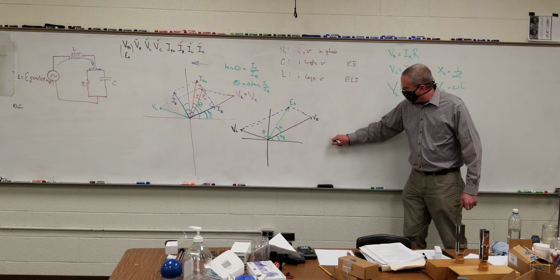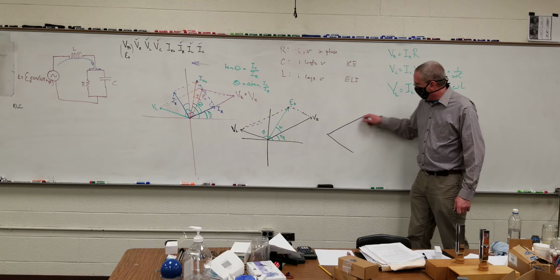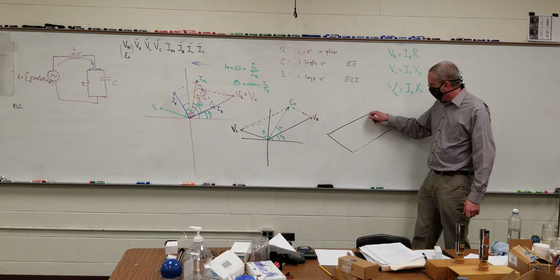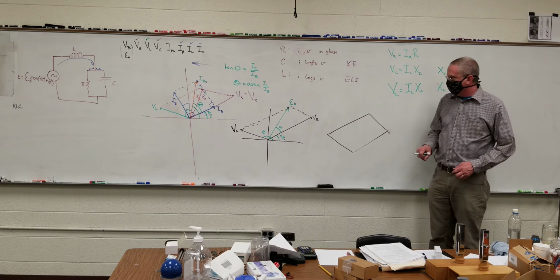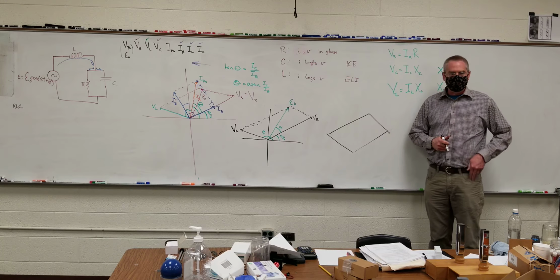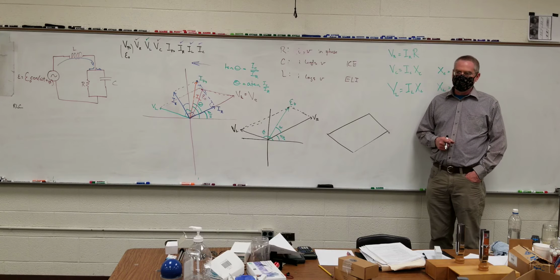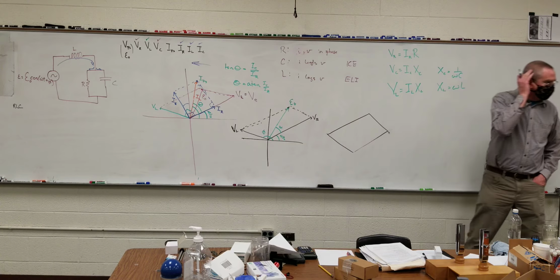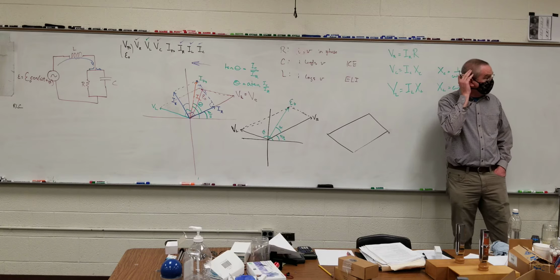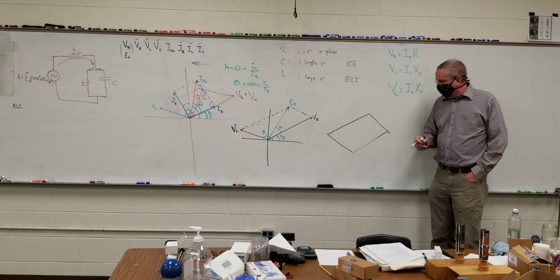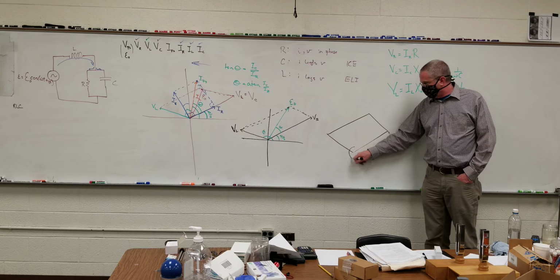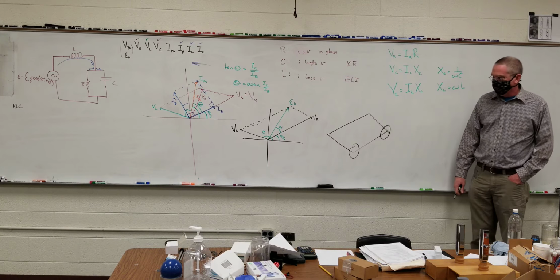So if I look at my quadrilateral there, what do you know about the sum of the angles? It should equal 360. It should. And for a parallelogram, what's the sum of these two angles? 180.